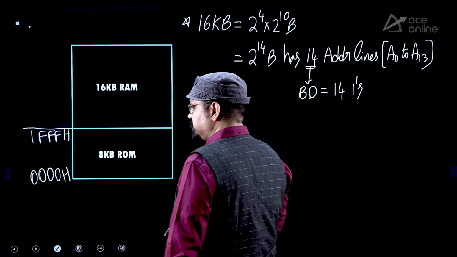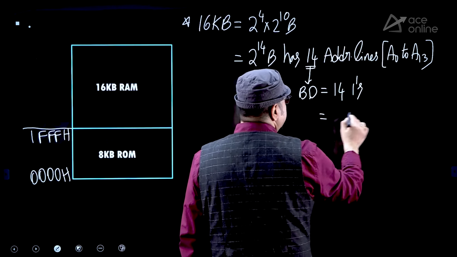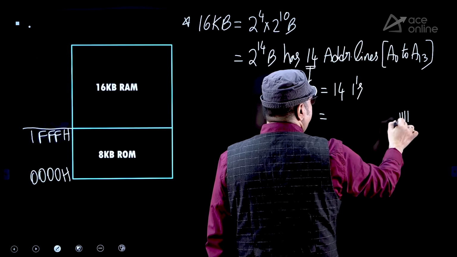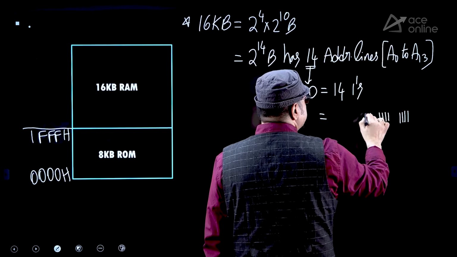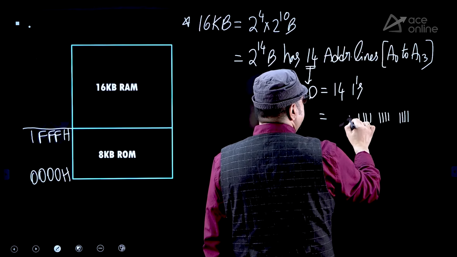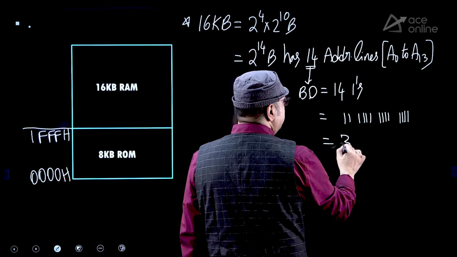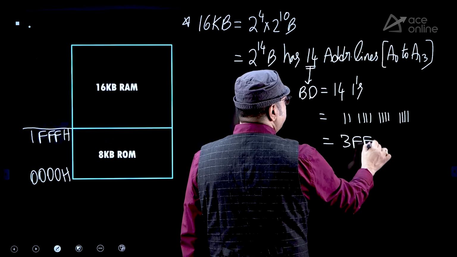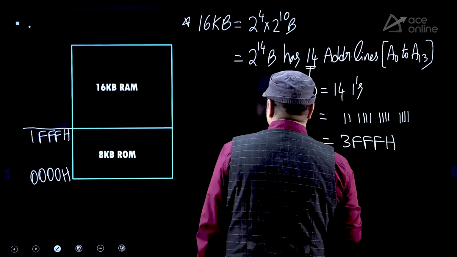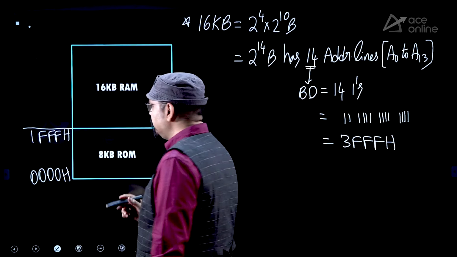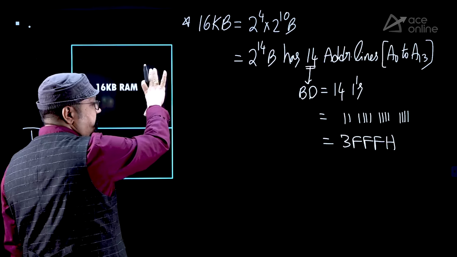Please write down 14 ones and tell me the byte difference. Group them 1, 2, 3, 4, 1, 2, 3, 4, 1, 2, 3, 4, and that is 12, 13, 14. In 8421 coding it is 3F hexa. The byte difference of this is 3FFF.